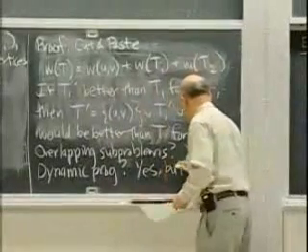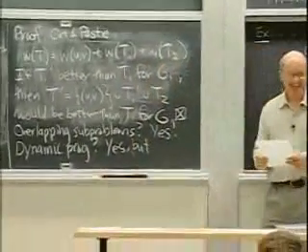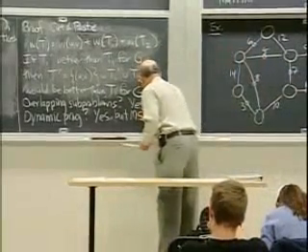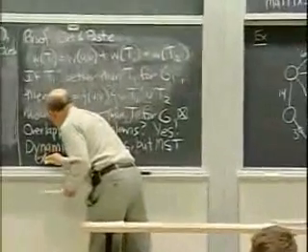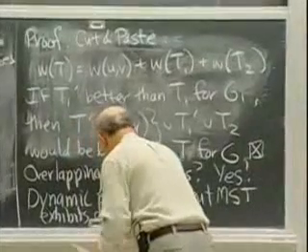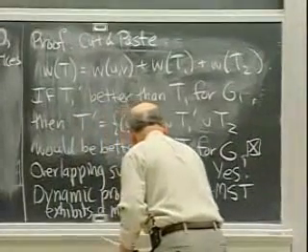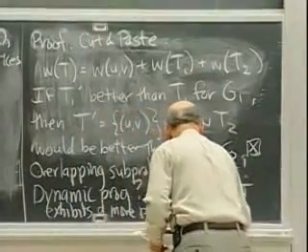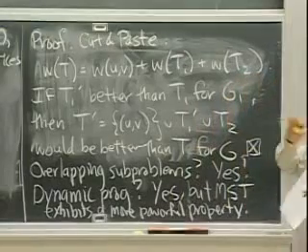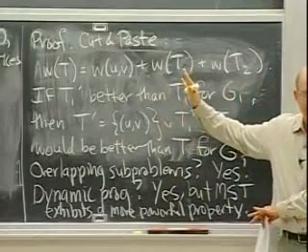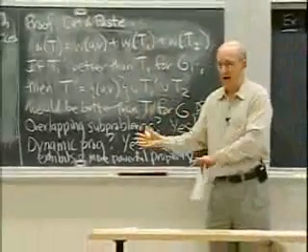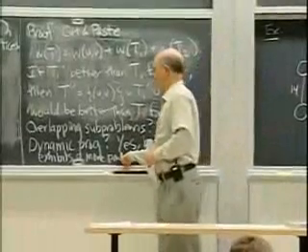But yes, you could use dynamic programming, but it turns out that minimum spanning tree exhibits an even more powerful property. Okay, so we got all the clues for dynamic programming, but it turns out there's even a bigger clue that's going to help us to use an even more powerful technique. Okay?